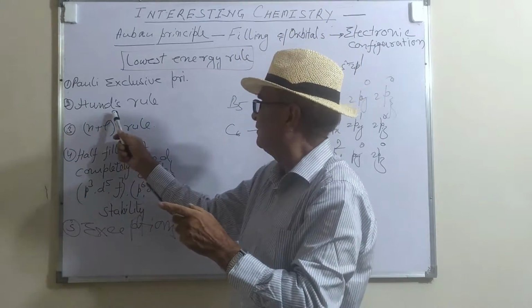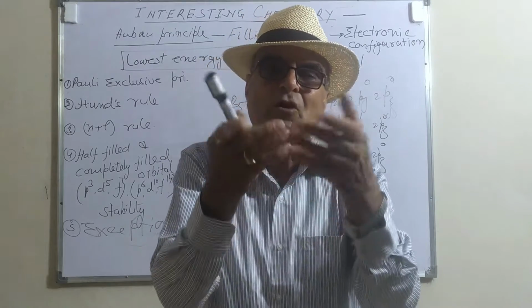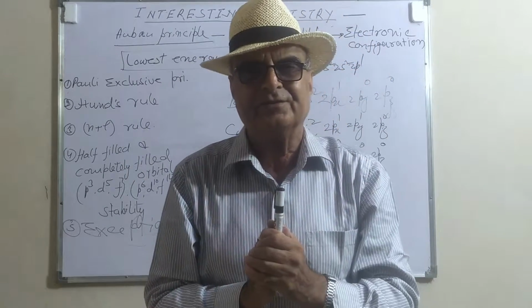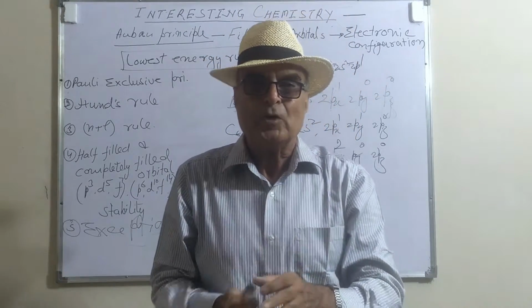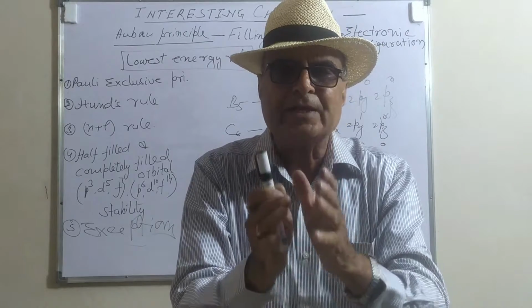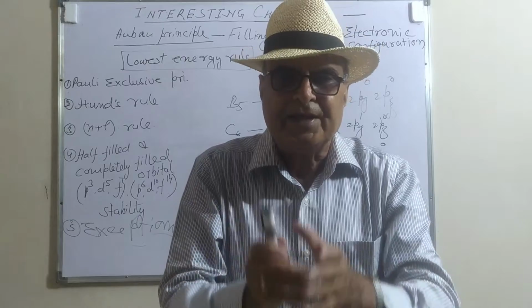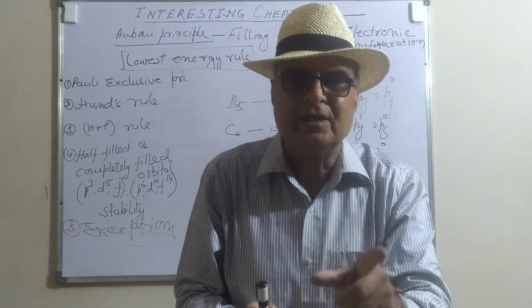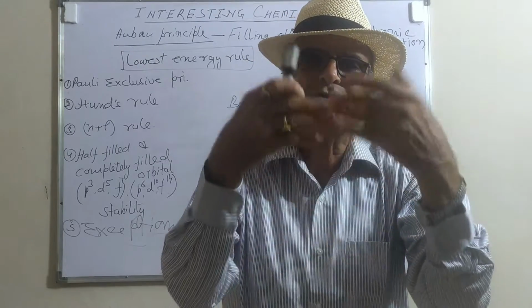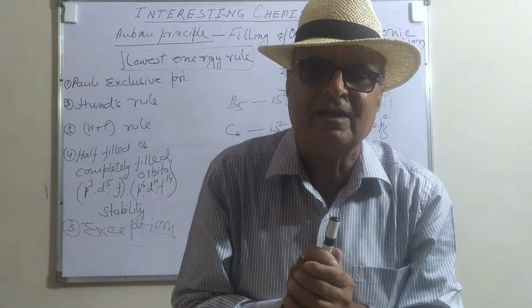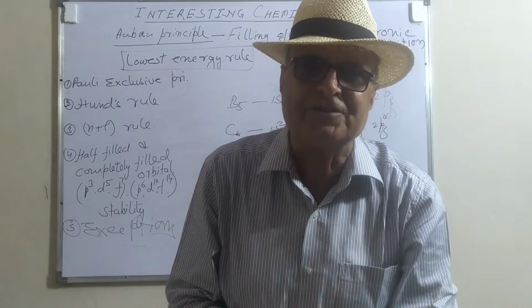So Hund's rule tells us when the pairing of electrons starts. No pairing of electrons in an orbital takes place until each orbital of the same subshell has got one electron each.